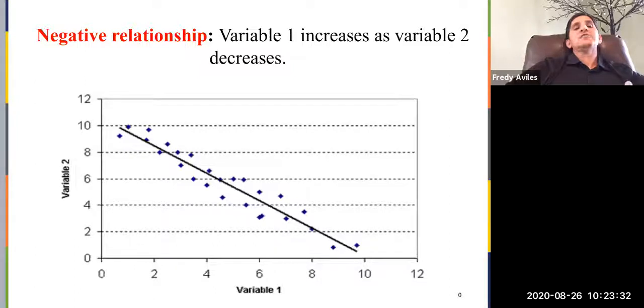If your weight is very high, you're probably not going to live very long. If your weight is lower, you'll probably live longer. That's an example of a negative relationship.